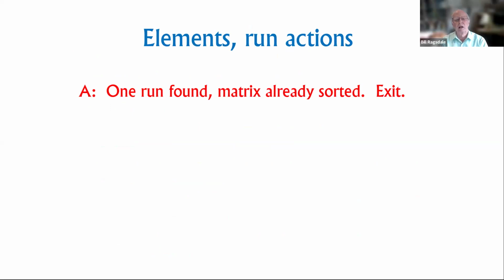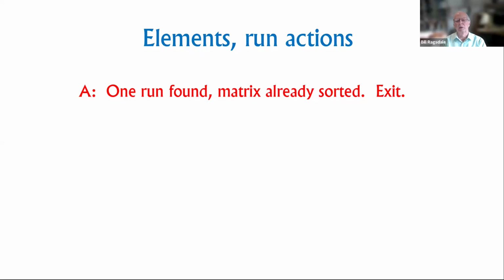There are 5 different situations that need to be addressed. As we are doing this merge, there are 5 conditions under which it can take place. The first is that in scanning the matrix, one run is found from beginning to end. The run originates at row 0 and it ends at row n minus 1.